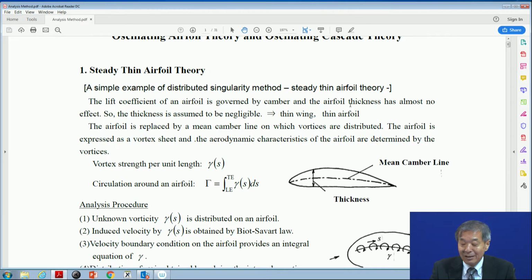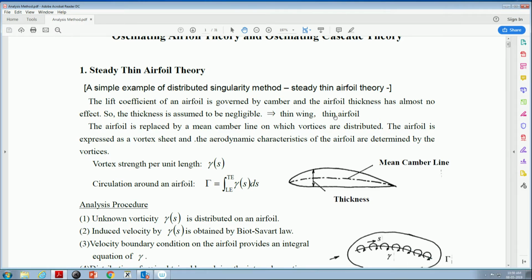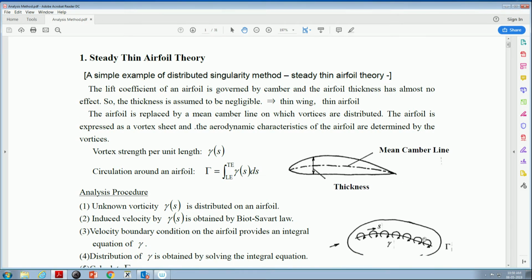So we use thin wing and thin airfoil. And the airfoil is replaced by a mean camber line. And the vortices are distributed on the mean camber line shown here.